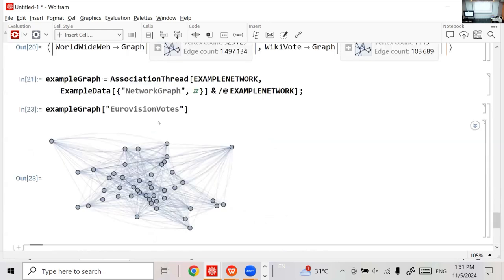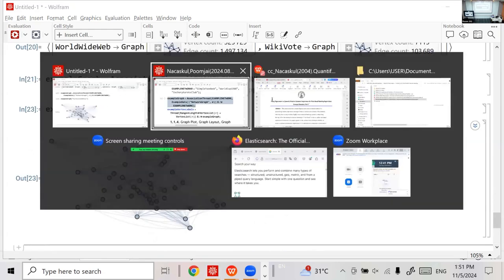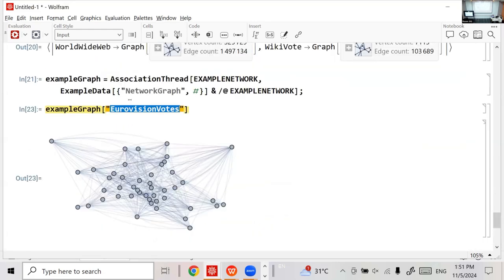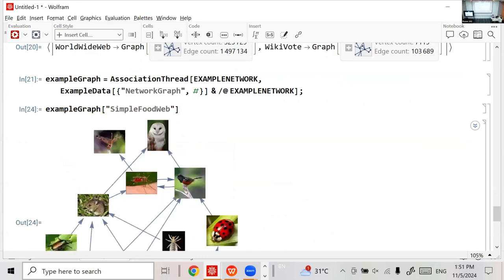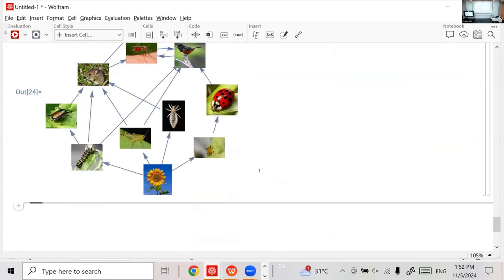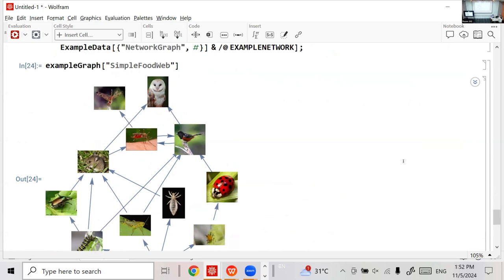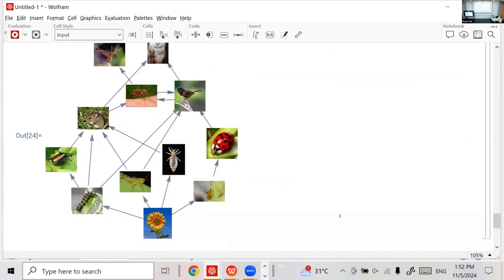If I want to look at something else, like what else do I have? Simple food web. Okay, I get this. Simple food web is a nice example. Actually, I don't know why I still start with that. Can you guys see what's going on here? Simple food web has how many entities?